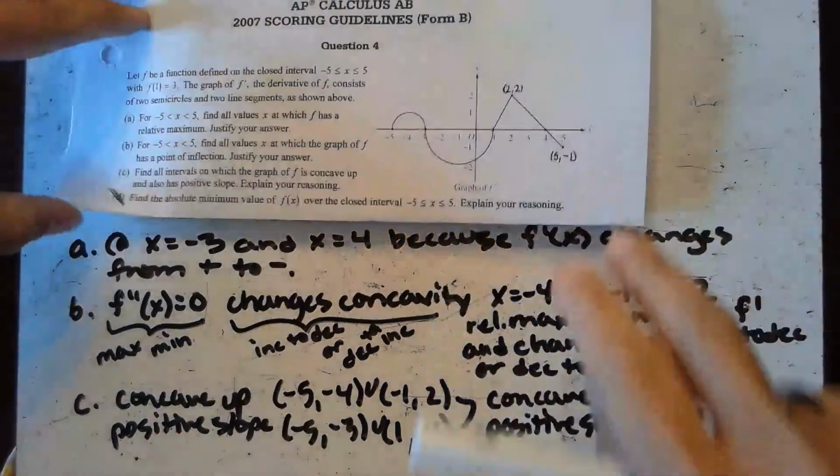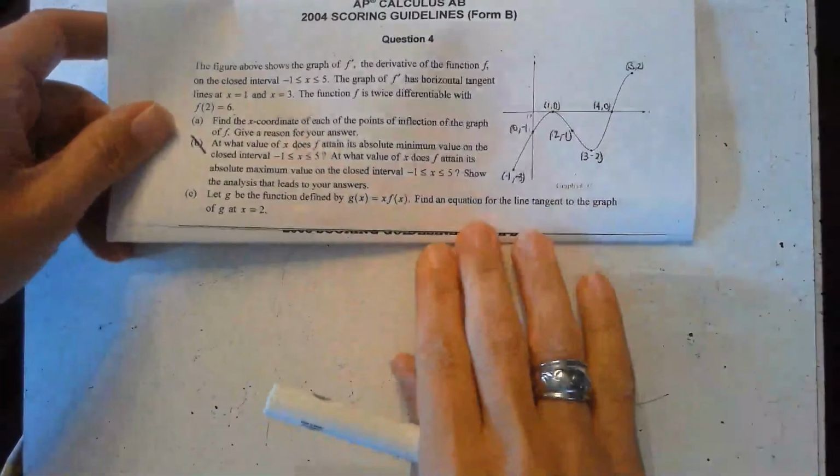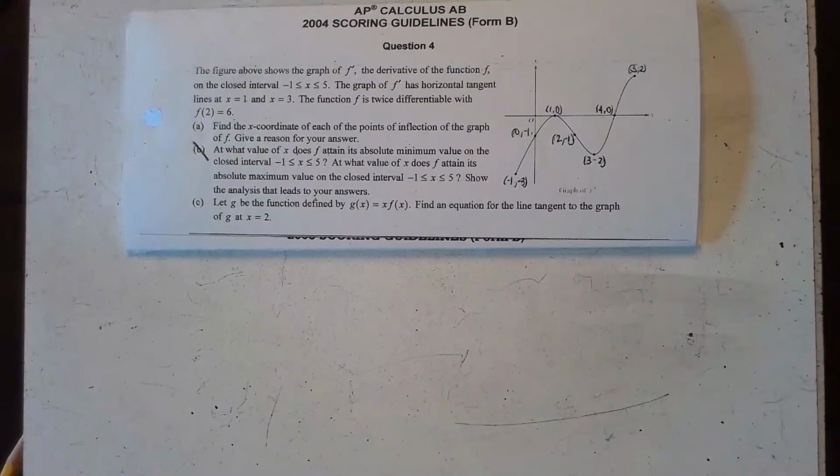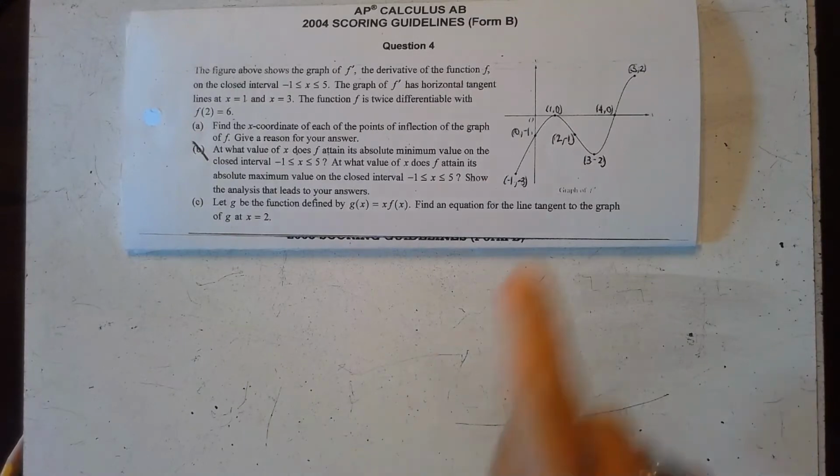All right, let's look at another one. Okay, we're going to look at a 2004 from Form B. We're not going to do Part B on here. We're just going to do Parts A and C. Okay, so the figure above shows the graph of f prime. So we got f prime again, the derivative of function f on the closed interval from -1 to 5.